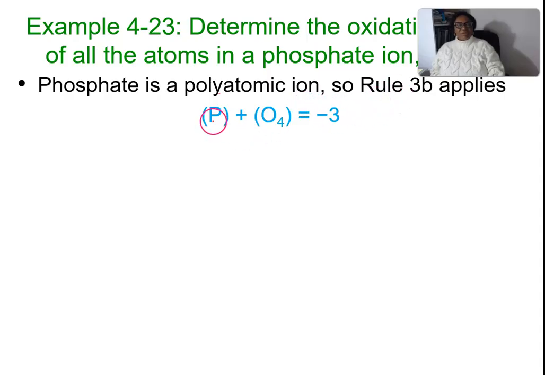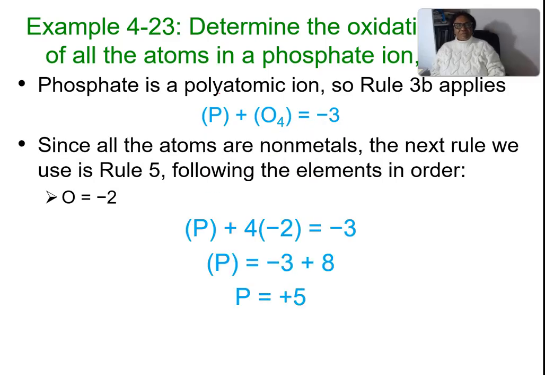So according to rule number 5, oxygen is -2. So 4 times -2 is -8. So phosphorus now, -3 plus 8, because we have -8 here, is +5. So that's the oxidation state.